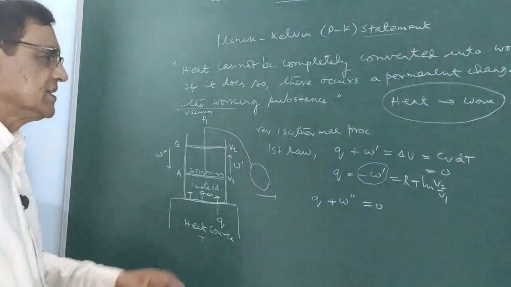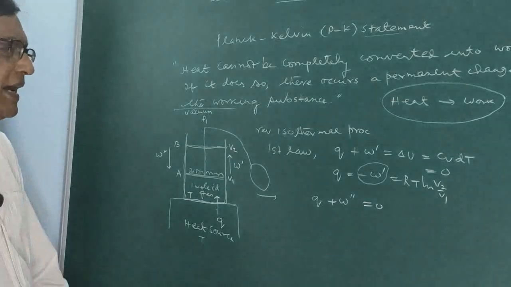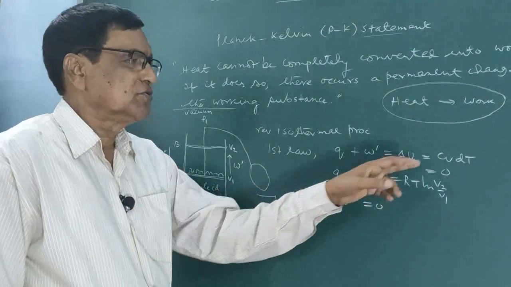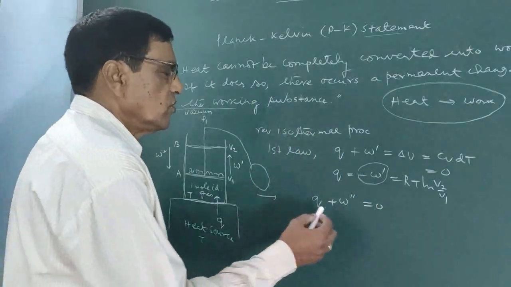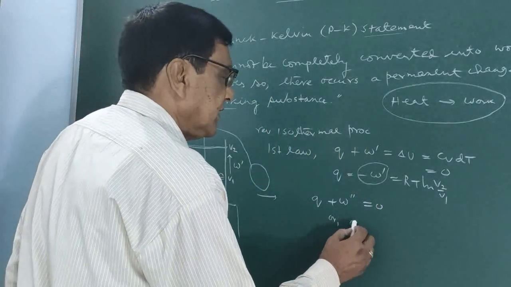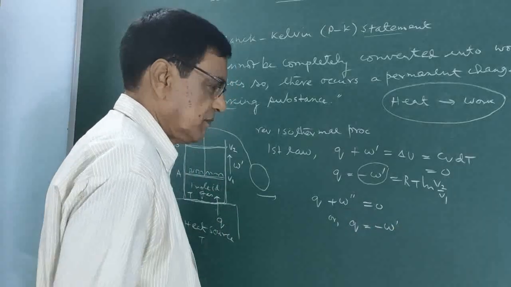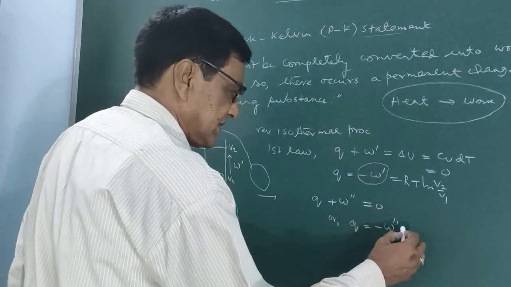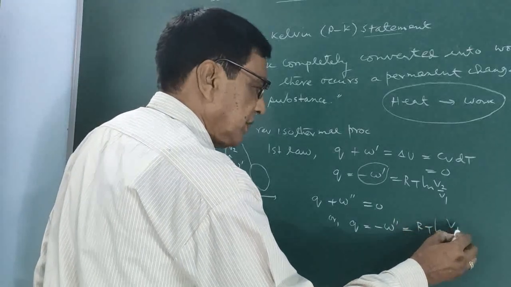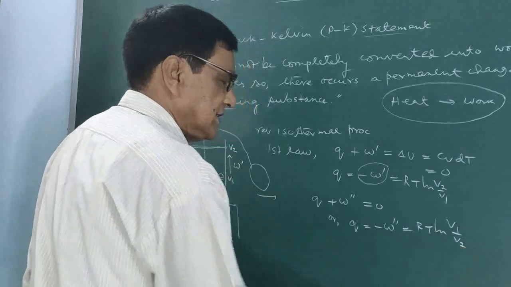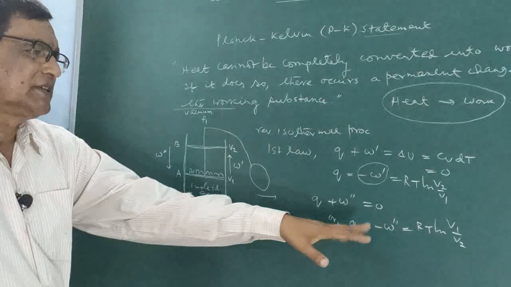Suppose the process is reversible isothermal compression, so Cv dT equals 0. Or you can say Q equals minus W double dash, equal to RT ln V1 by V2, as the final volume is V1 and the initial volume is V2.